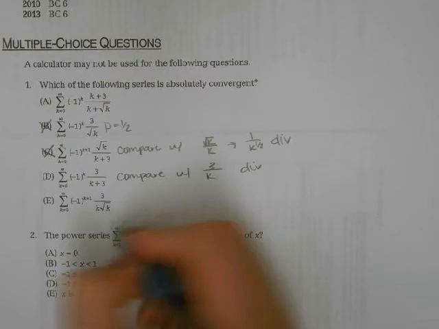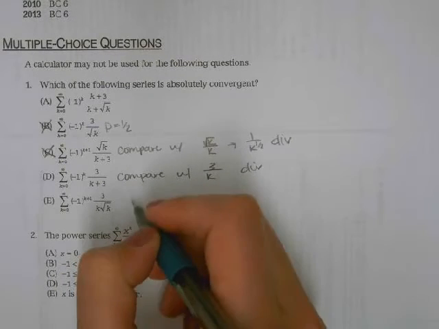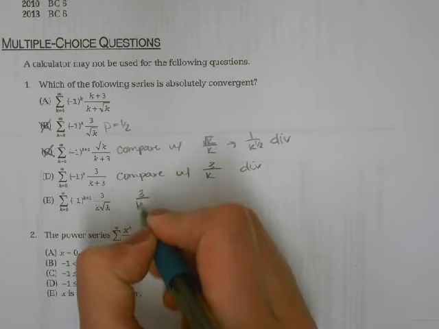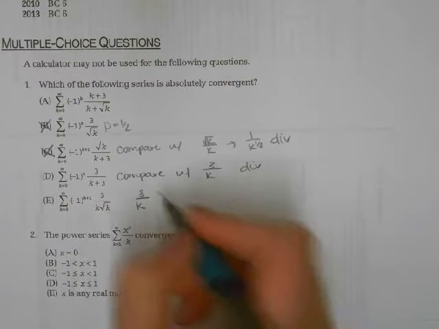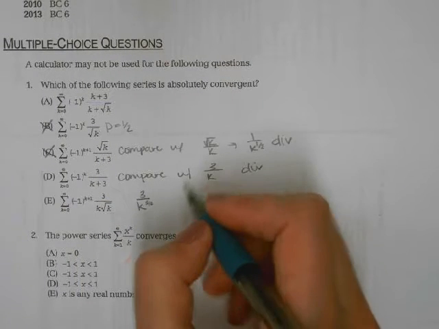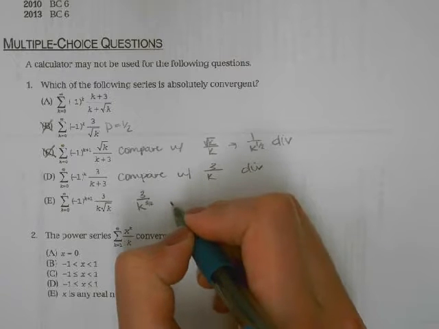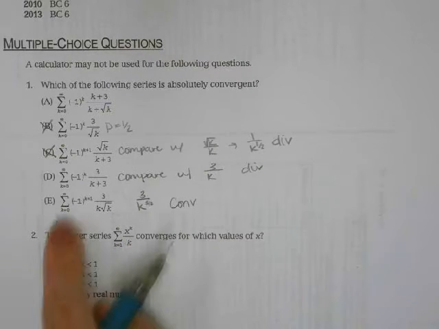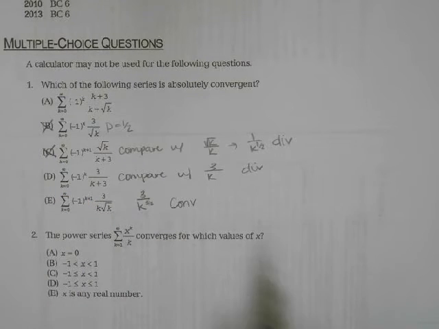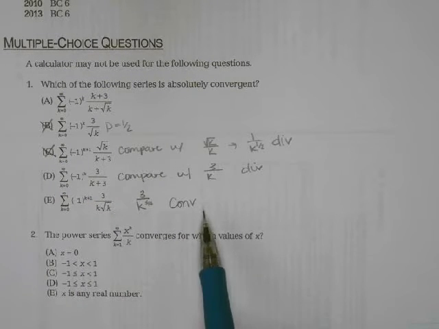And then the last one is actually this right here. You could rewrite as 3 over k to the 1, k to the 1/2 is k to the 3/2. So as it is right now, this is a P series where it is convergent, and that's ignoring the fact that it's negative. So I know the absolute value of the function is going to be convergent. Then I did the alternating series test.